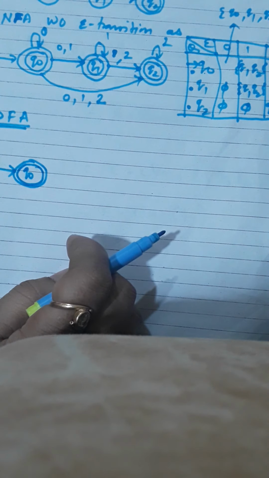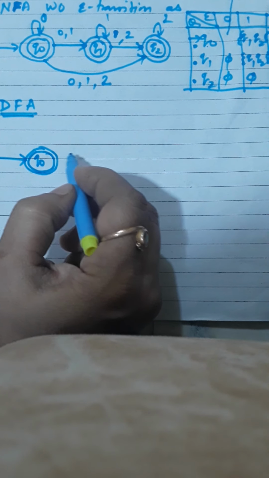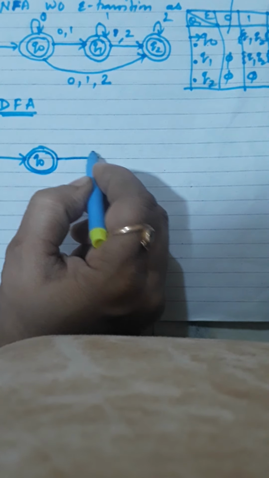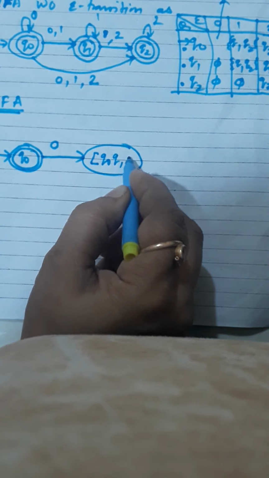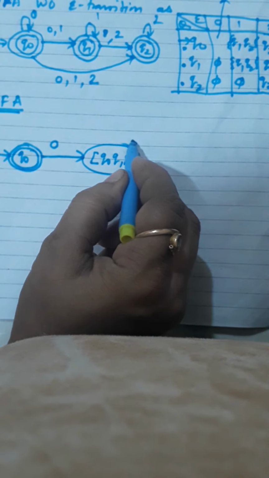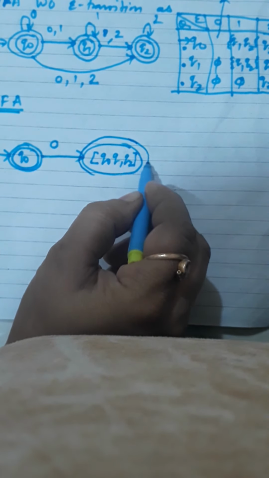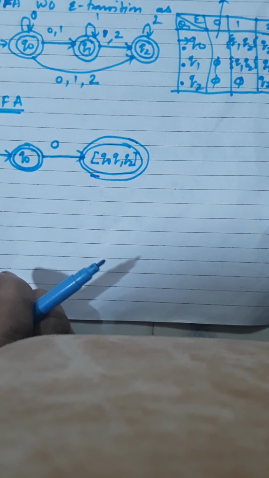With the direct method, first I make the Q0 state, marked as initial as well as final.